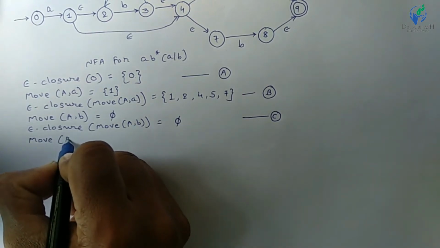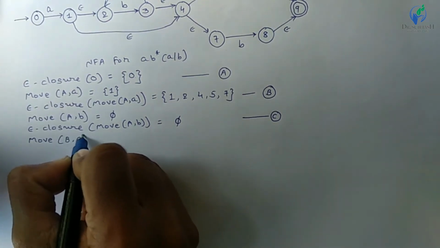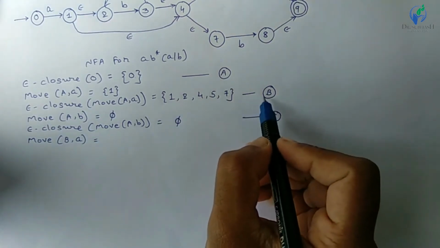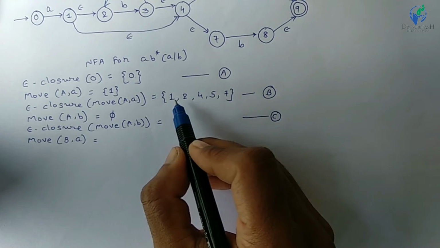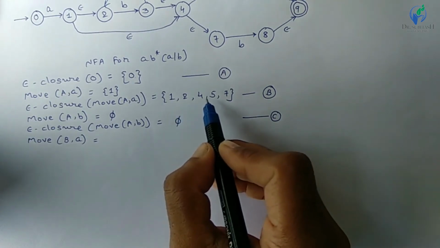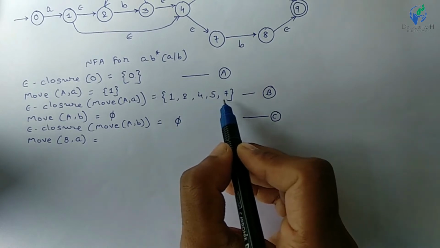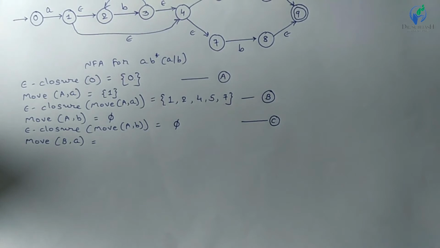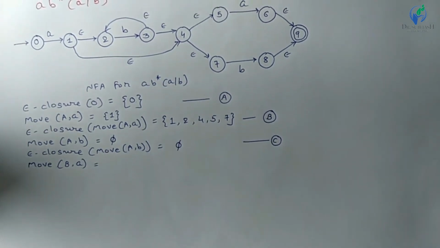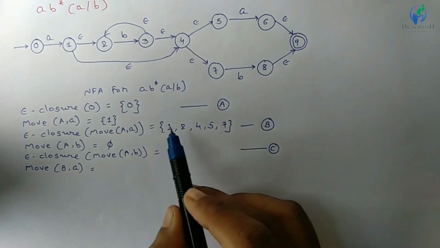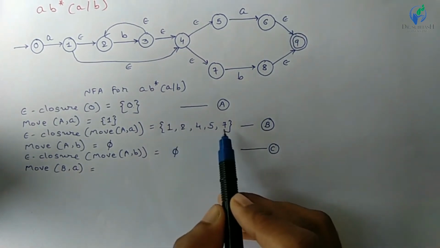Now find move(B, a). Your B state is 1, 2, 4, 5 and 7. So find from 1, 2, 4, 5, 7 whether any a transition occurs, any a input. Yes. From 5 there is an a transition.